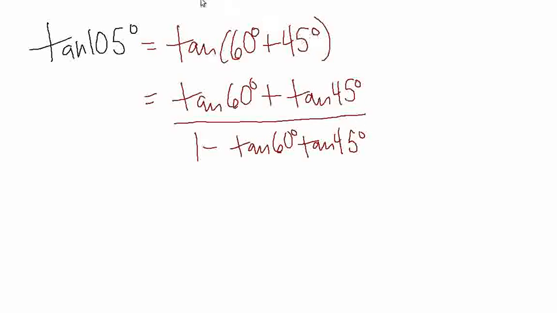And let's see what we can do with that. So the tangent of 45 degrees is 1. We like that. And the tangent of 60 degrees is the sine of 60 degrees divided by the cosine of 60 degrees. Sine of 60 degrees is root 3 over 2. Divide that by half, so we get root 3 for the tangent of 60.